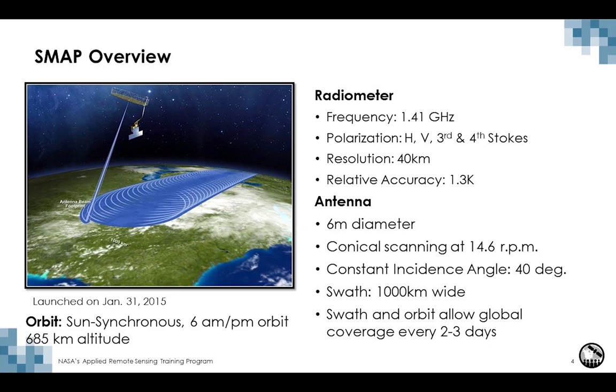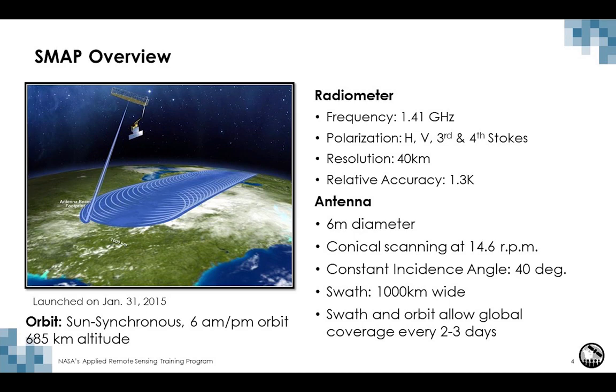The SMAP mission also had a radar sensor. However, that sensor ceased to function 3 months into the science phase of the mission. The reason microwave is used is because it is sensitive to soil moisture and also because it can image the surface of the earth regardless of daylight conditions or most weather conditions.